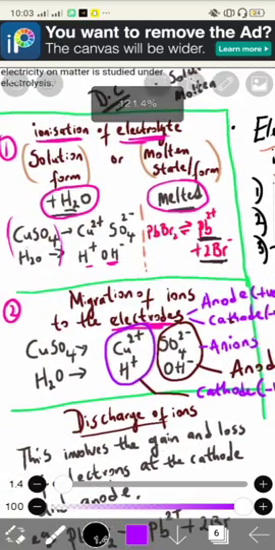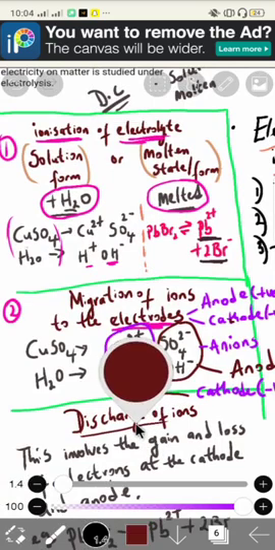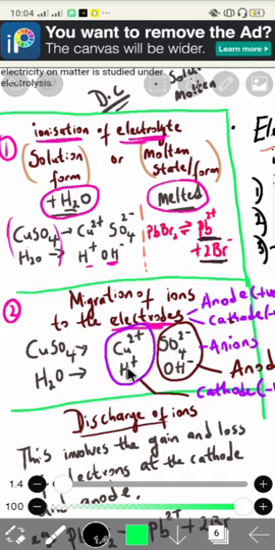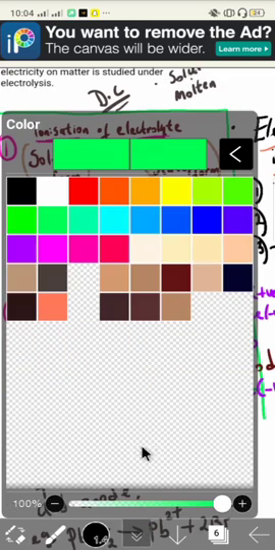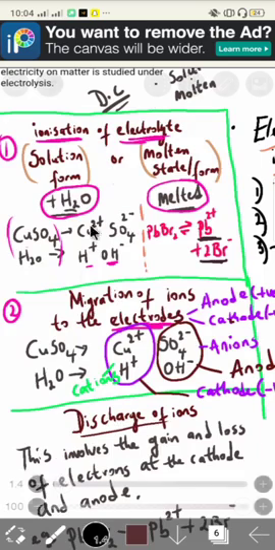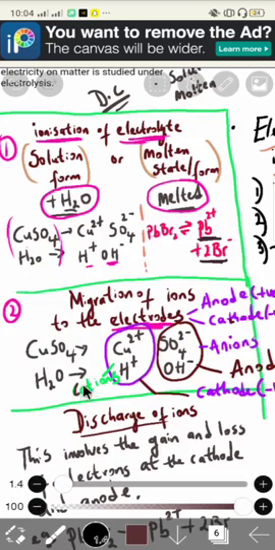While those ions that are attracted to the cathode are known as what? Cations, which means cathode ions. Hope you understand what I'm saying.